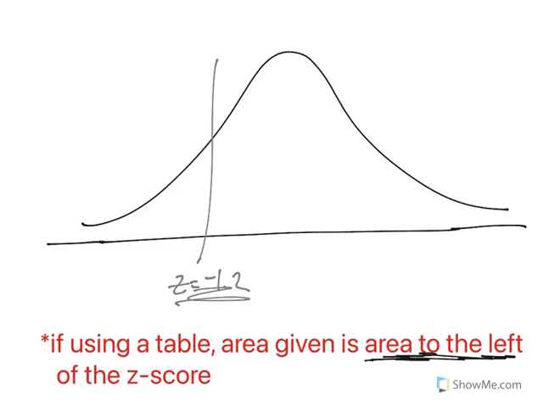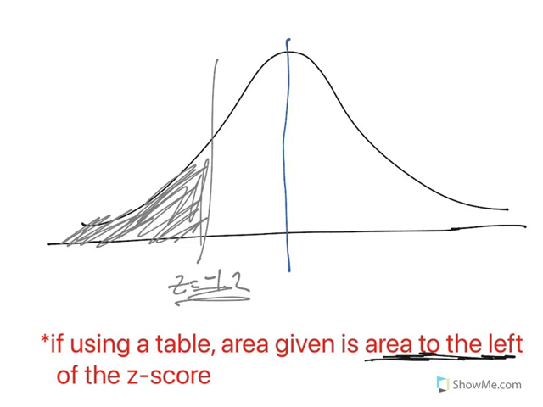I look this up in the table, and it's going to give me a value, and that value represents the area shaded to the left. So I find it very helpful to draw myself a picture, because I know with the normal distribution that the z-score of 0 is directly in the middle, where 50% is on the left and 50% is on the right.